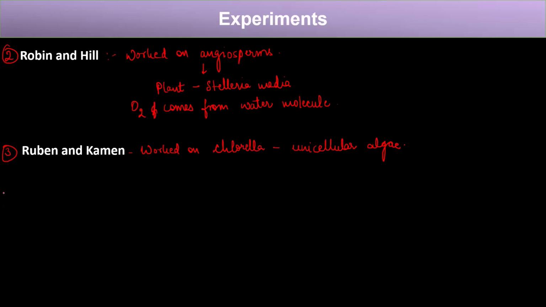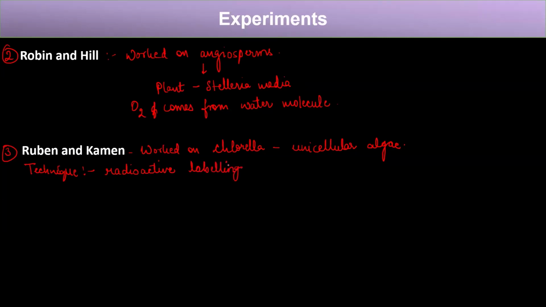And what technique did they use? The technique that they used to determine that the oxygen comes from water, not from carbon dioxide, is called radioactive labeling. So what is radioactive labeling?